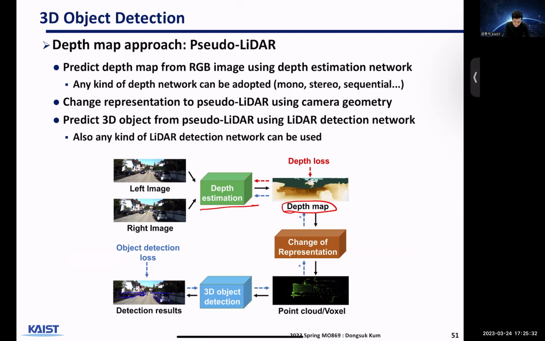And then in order to train this network, we need depth loss with ground truth.